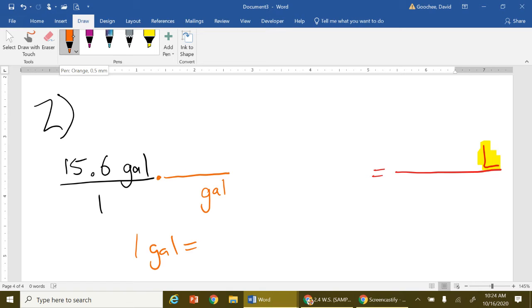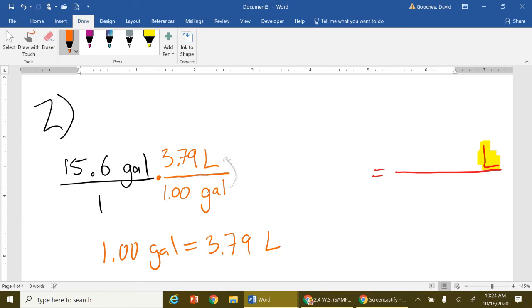I tell you that 1.00 gallons is equal to 3.79 liters. So we can actually get right from gallons into liters. Sometimes when I give you these conversions, you may want to write them down because they will help you in the future. It's always going to be 1 gallon is 3.79 liters.